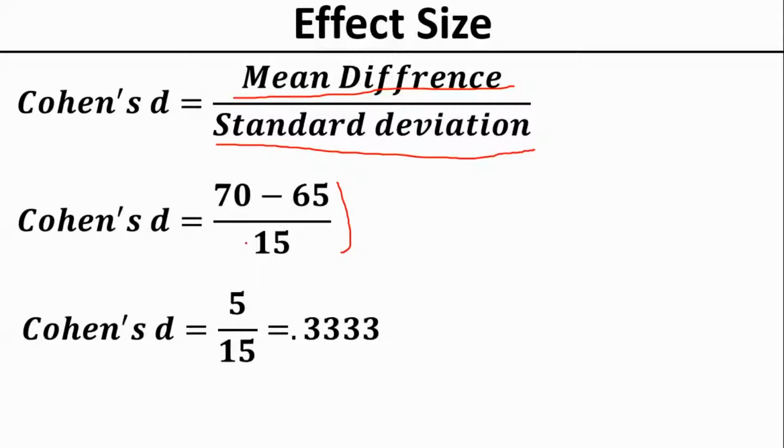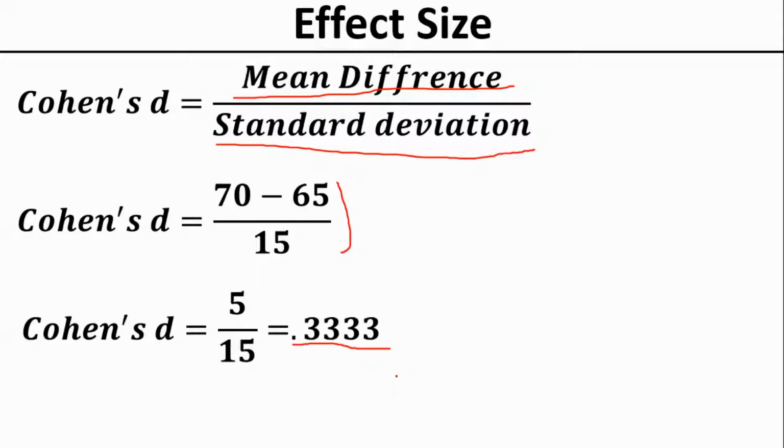This is a way for us to look at the absolute magnitude of the effect the treatment had on the overall population. We can interpret this in terms of standard deviation units. Here we can say that the treatment would cause a shift in the population by 0.3333. So this would be a small effect size.